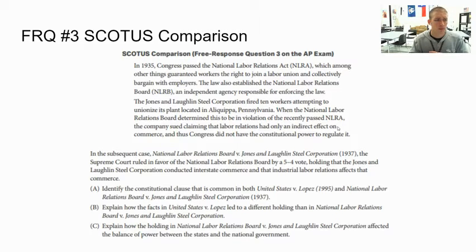So, kind of like with the concept application prompts, you are given information about something that is not a required thing. So this blurb here that you see, in 1935, Congress passed the National Labor Relations Act. This is not something that you were required to know for this class.